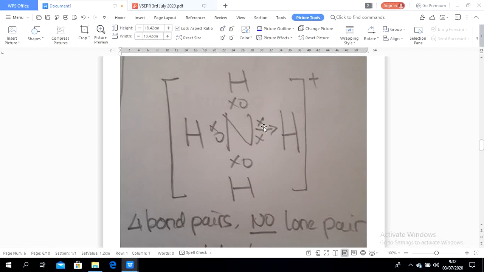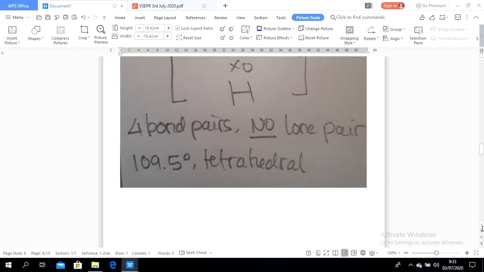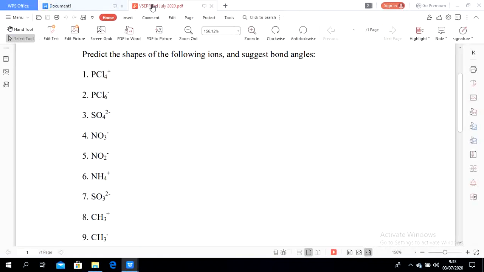So the nitrogen makes a dative covalent bond to the hydrogen, which gives 2 electrons around hydrogen and 8 electrons around nitrogen, and it carries a positive charge. So in conclusion, there are 4 bond pairs and no lone pairs. The shape is tetrahedral. The angle is 109.5 degrees.